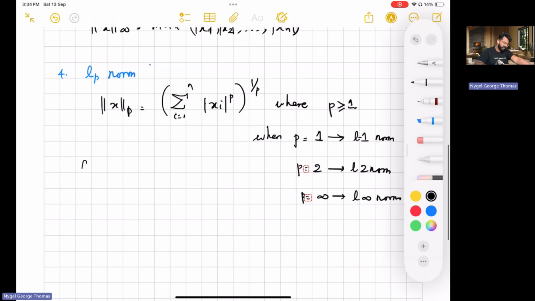For values of p less than 1, it is not a norm. So it will not satisfy all the properties.